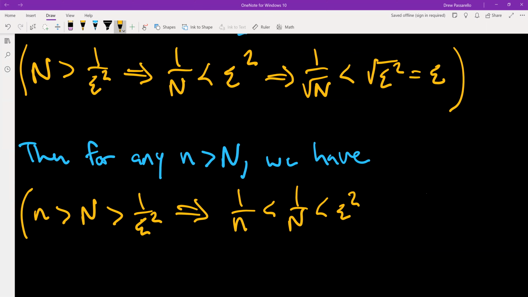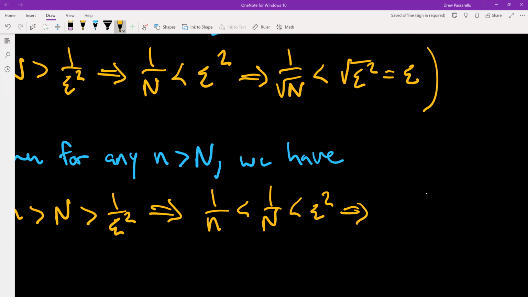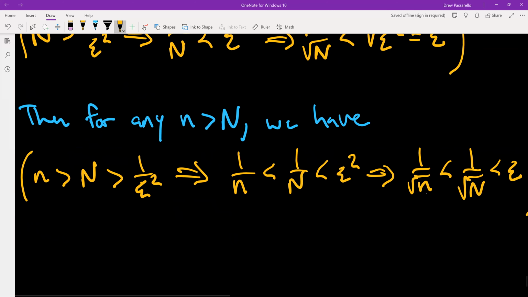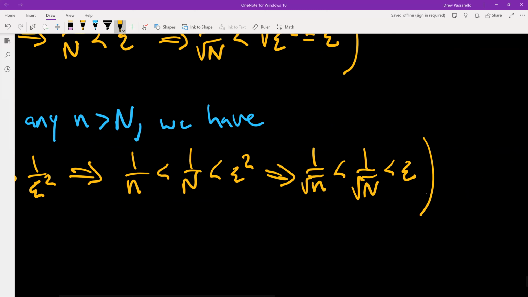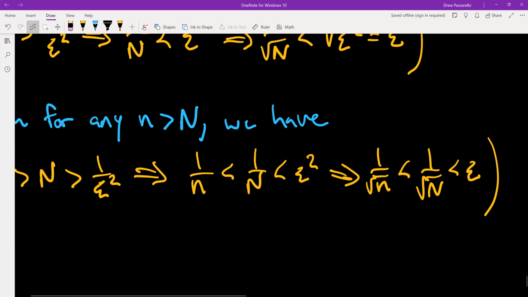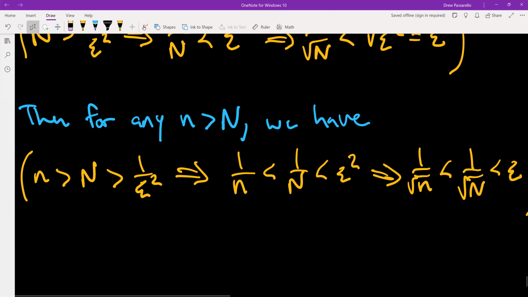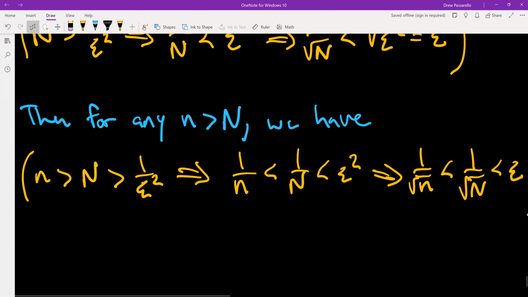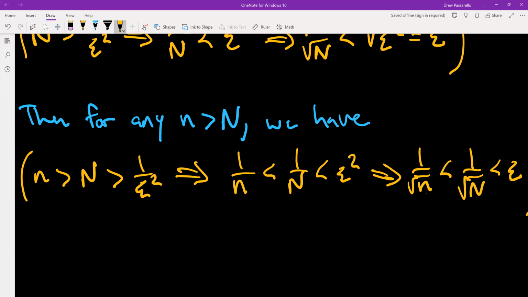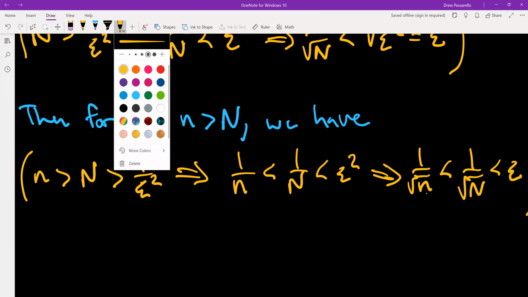And then square rooting everything, that means 1 over the square root of little n is less than 1 over the square root of capital N, which is less than epsilon. So these are all implications here, but that's how we can justify it all being less than epsilon. And this is stuff, again, that's not necessary to write in the proof, but you can if you want to. So that's why I put it in parentheses and in yellow.